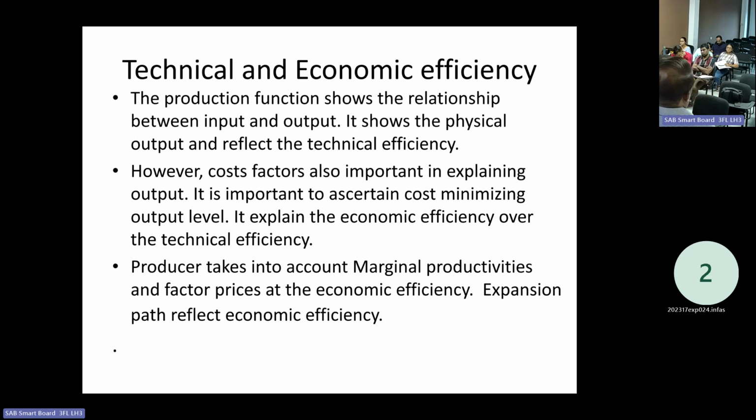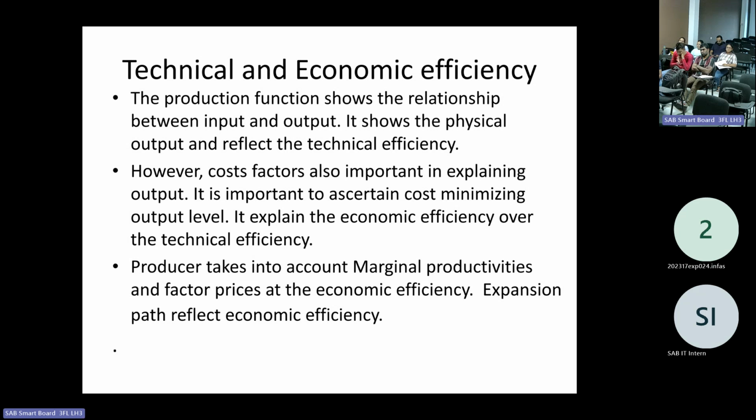At that point, which is the equilibrium point, the marginal productivities of the respective factors equal the price ratio. So we discussed that. We need to justify that one: economic efficiency and these productivities and so on. So that is the question.